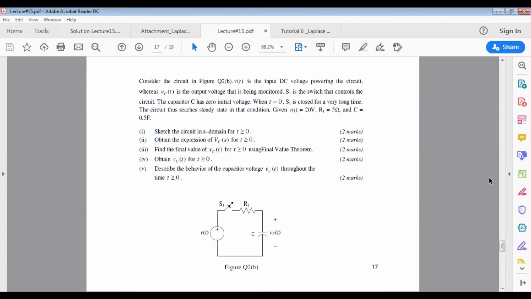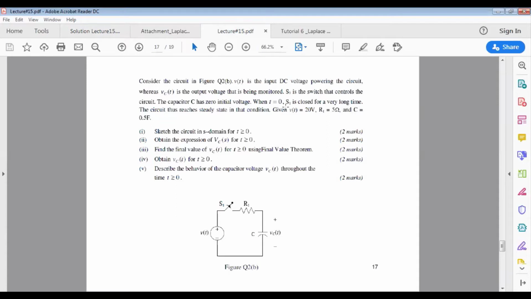It's given that capacitor C has zero initial voltage. When t equals 0, the switch S1 is closed for a very long time. It means that initially the circuit is switched off, or open.